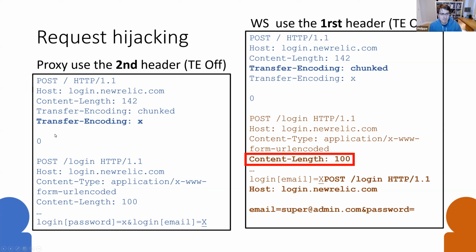And for this reason, all the left section will be seen as one request by the proxies. But for the backend, because its implementation is keeping only the first value, when it sees a duplicate header, it just skips it. Then suddenly we have a second request that starts, and here we have control over pretty much all the headers.